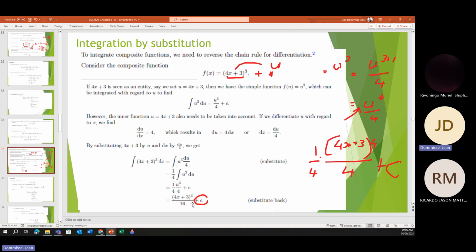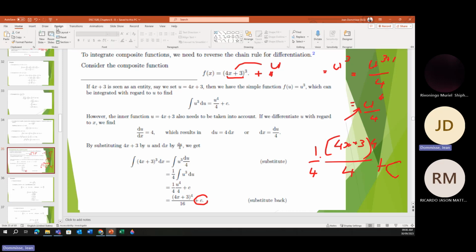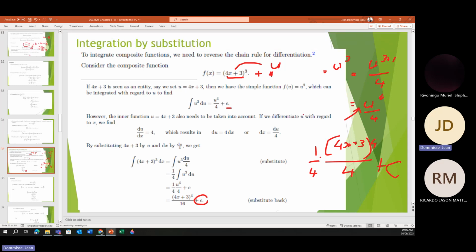The one thing you guys must just remember with all the work we do in integration, we will always add this extra C because we don't know if in the original formula there was any constant. So we don't know if in the original there was a plus 6 or plus 8 or plus 10.